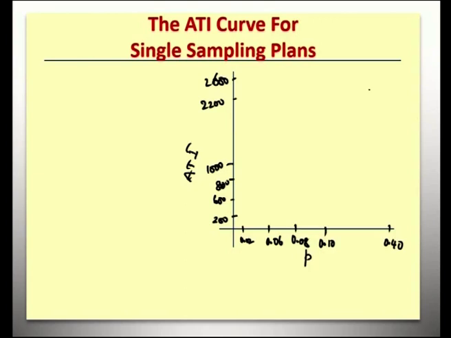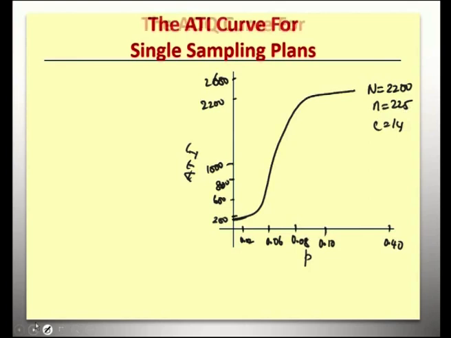Again this is the curve for lot size 2200, n equal to 225 and C equal to 14. This is the ATI curve for the single sampling plan.